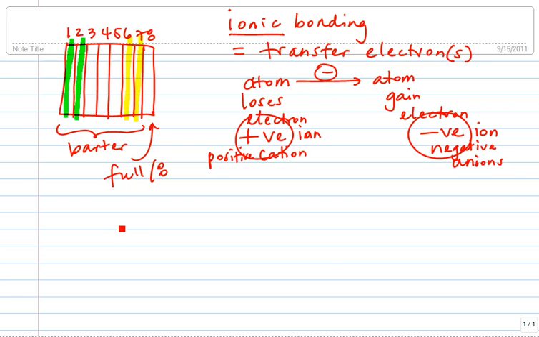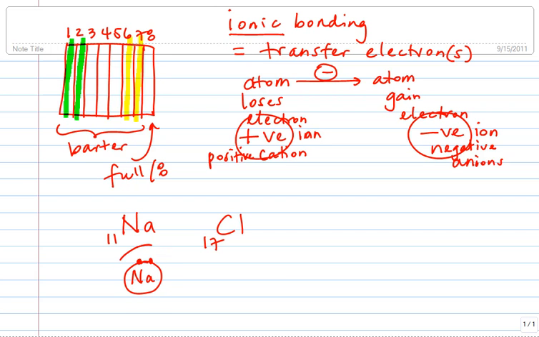And so the example you probably are getting is sodium, which has atomic number 11, and chlorine, which has atomic number 17. So sodium will have a nucleus with 11 protons, and then it will have the first shell, which can keep up to 2 electrons.